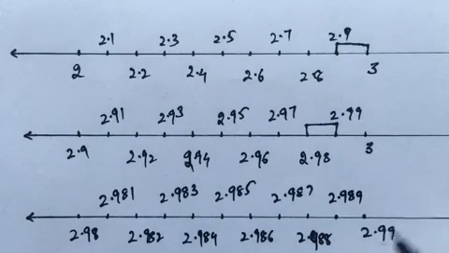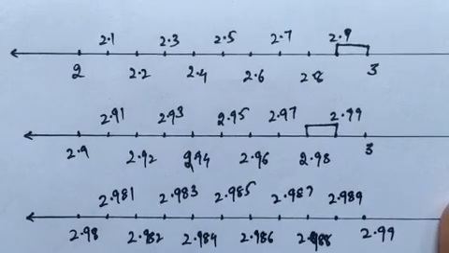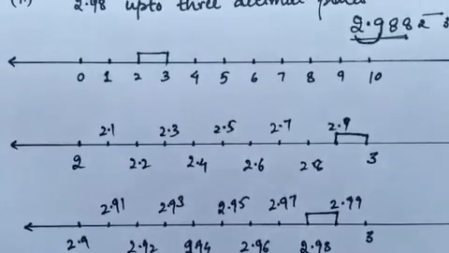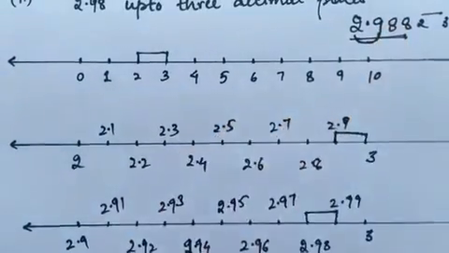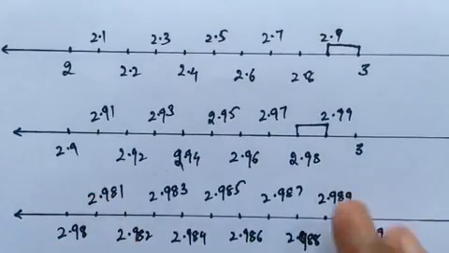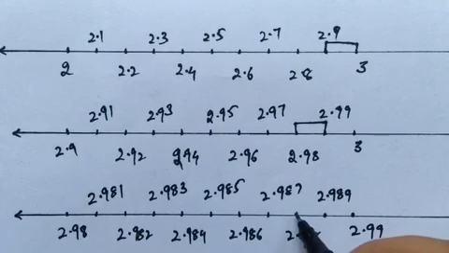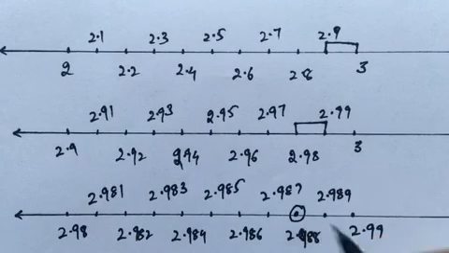Okay, so next is 2.988. Where does it exist? Over here. So this is the number.